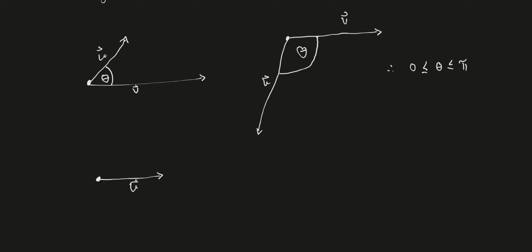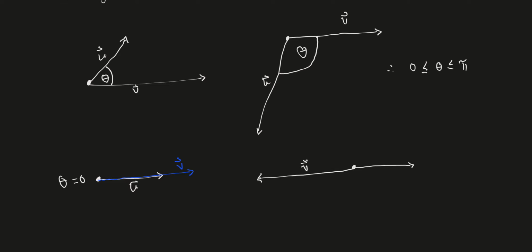That would be your U, and let's say that would be your V. So this is where your theta is equal to 0. What would it look like when theta is equal to pi? Well, that means they would have to be acting in completely opposite directions.